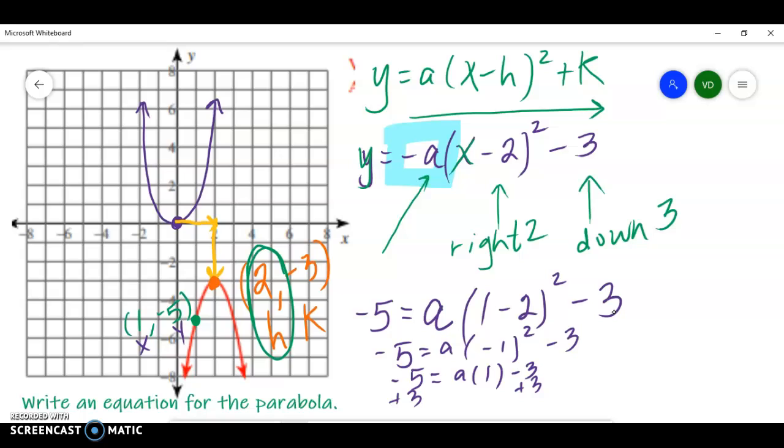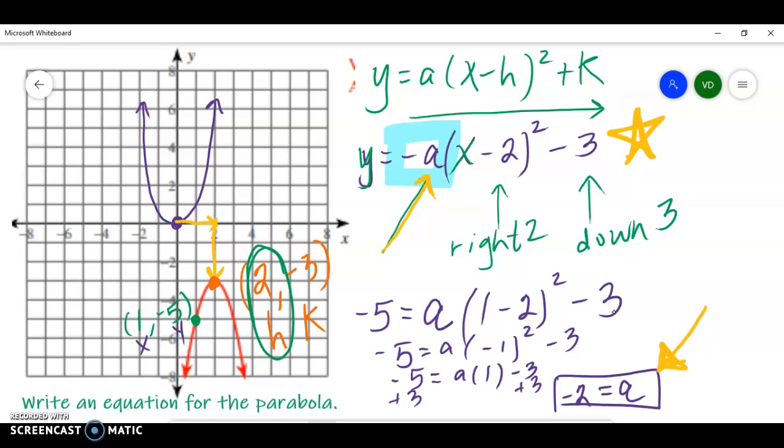So I'm going to say negative 2 is equal to A times 1, which just becomes A. And so there is my A value that I'm going to use when I'm writing my final equation. The one we got up here was right, but you see how we were still missing that A value. We knew it had to be negative because it flipped down. Well, now we know what it is right here.